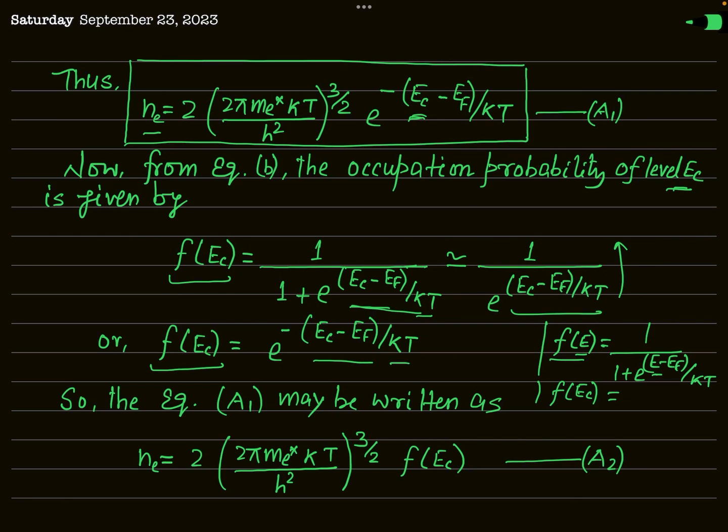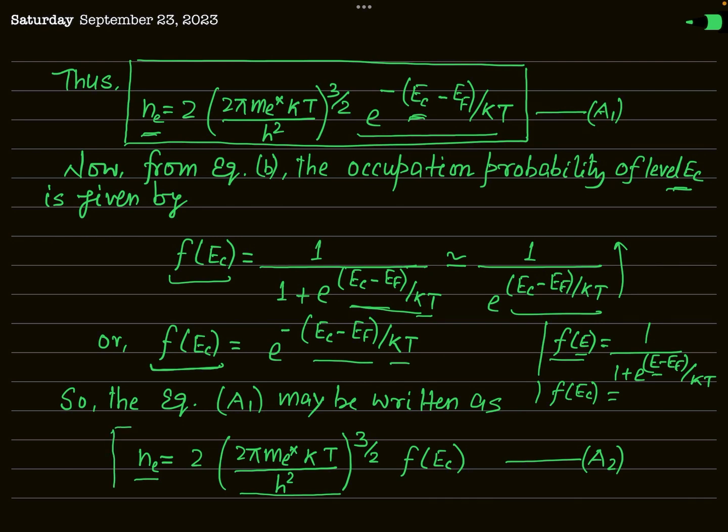So if your aim is to write down the expression for the concentration of electrons in terms of this parameter F of EC, you can replace this exponential factor simply by F of EC. Replacing in equation A1 that factor by F of EC, we get that Ne is equal to 2 times (2 pi me star kT over h square) whole to the power 3 by 2 times F of EC.